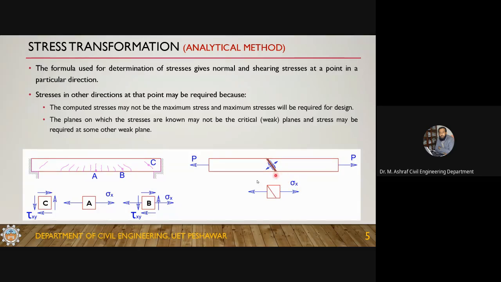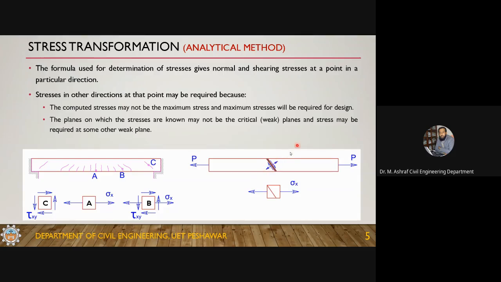In this case this stress will be less than this one, but you require this stress, not the higher one. You require this for the design of the glue connection. You require this normal component and this shear component, because you want to design the glue, which is subjected to these kinds of forces.